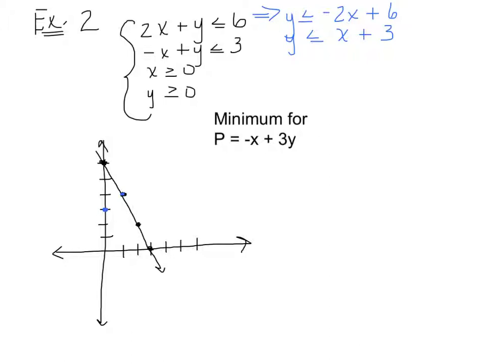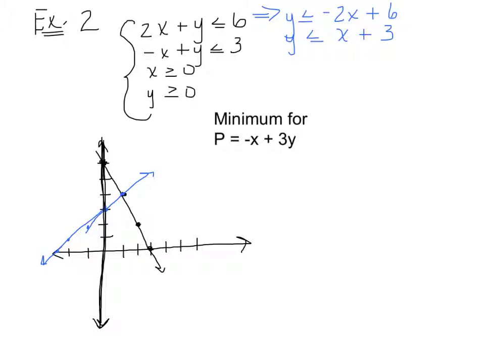So that line would be this way, and we would shade everything below. And then the next line is a vertical line at 0, and we would shade everything to the right.